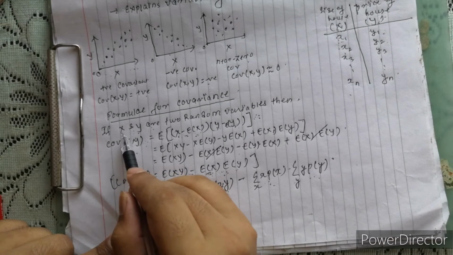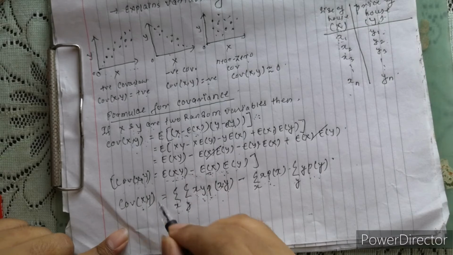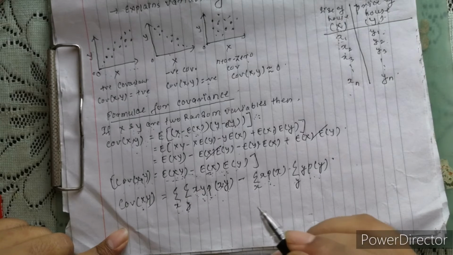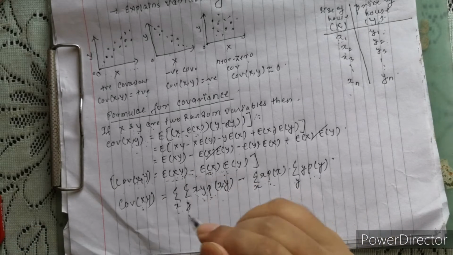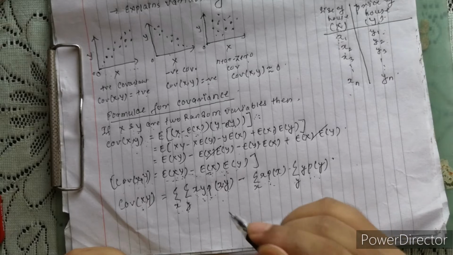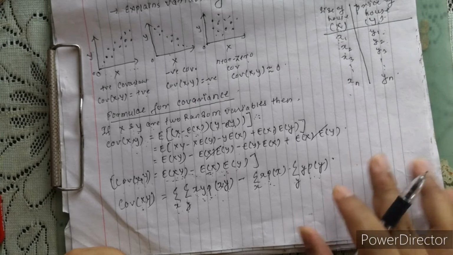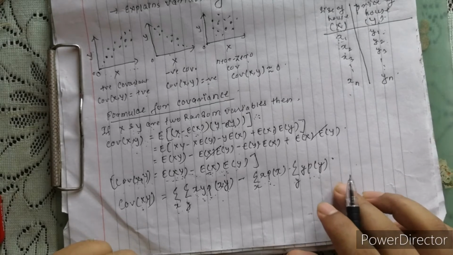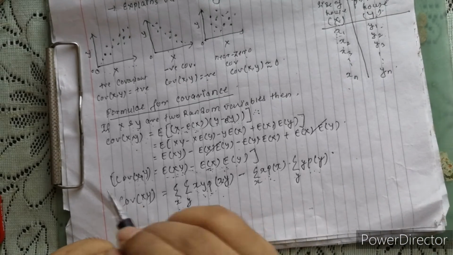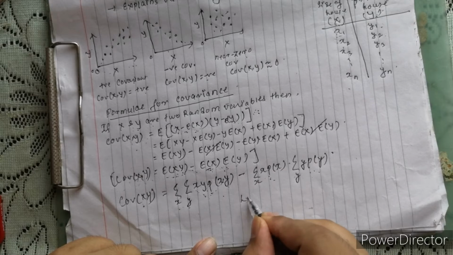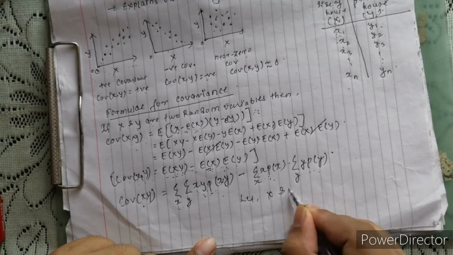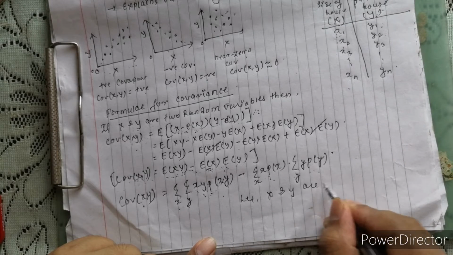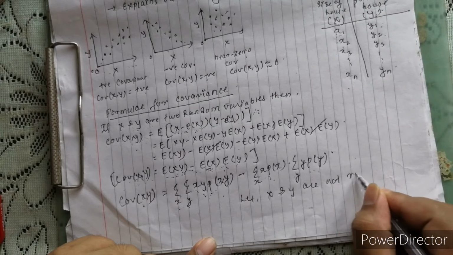What it simply means is the summation over all the values of the random variable x and the random variable y, multiplied by the probability of occurrence of x and y, minus this, which is the formula for the expectation of x, and this, which is the formula for the expectation of y.